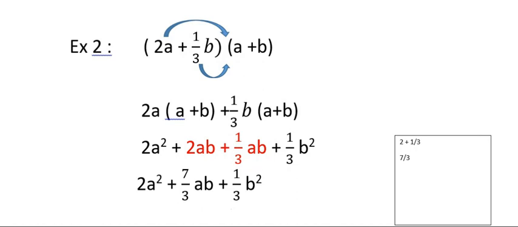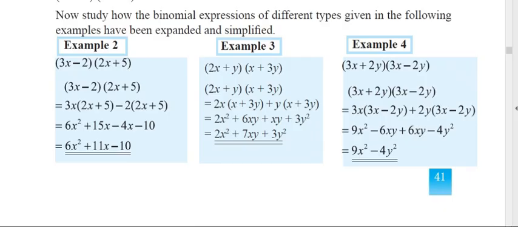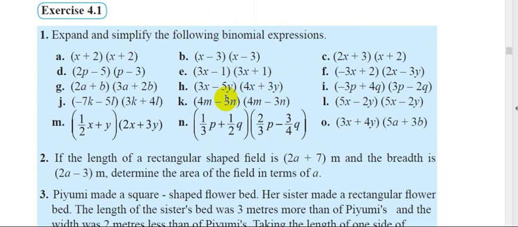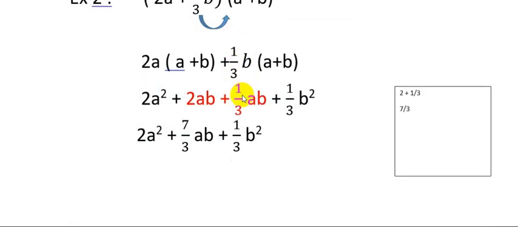If you take your exercise book and go to exercise 4.1, the very first exercise has questions m and n, which include fractional values, expressions with fractions. You can follow the same way that I have done in this example, and you can keep doing those questions.